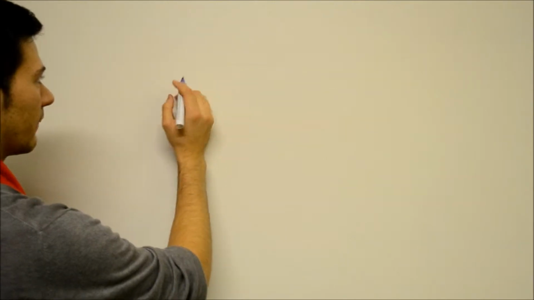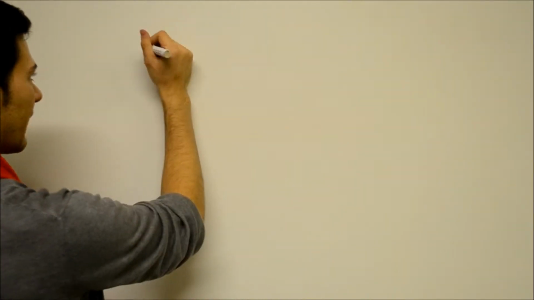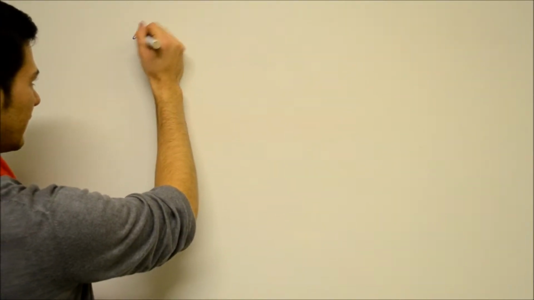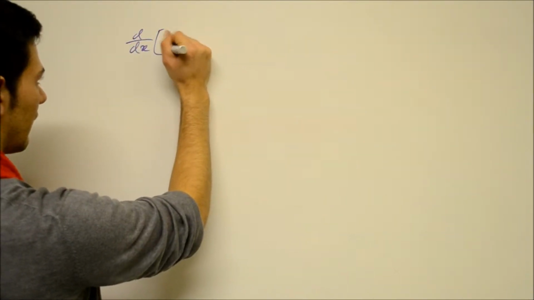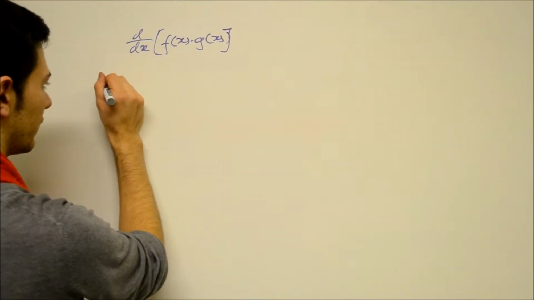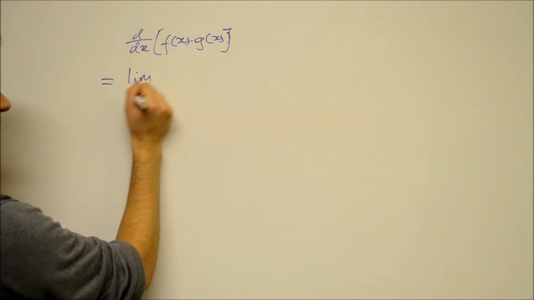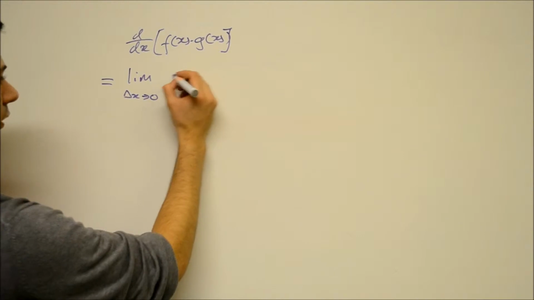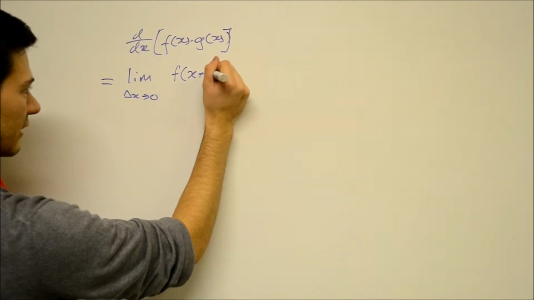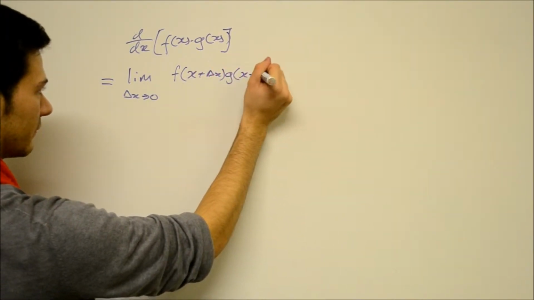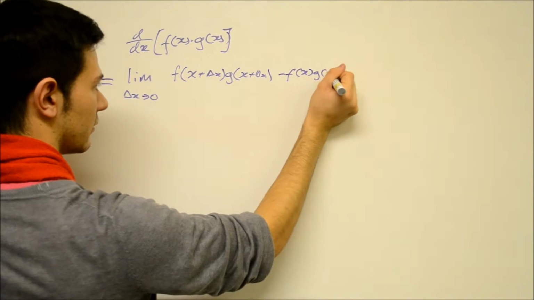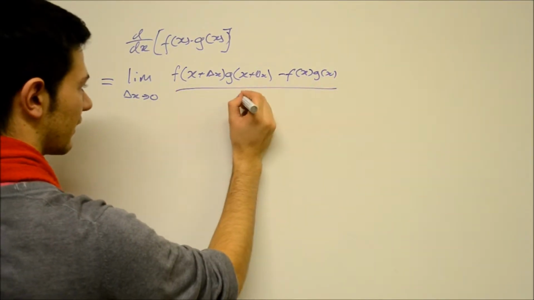So, if we have two functions f of x and g of x, then the derivative of them, I'll just write d by dx of f of x times g of x, is going to be equal to the limit as delta x approaches 0 of f of x plus delta x, g of x plus delta x, minus f of x, g of x, all divided by delta x.